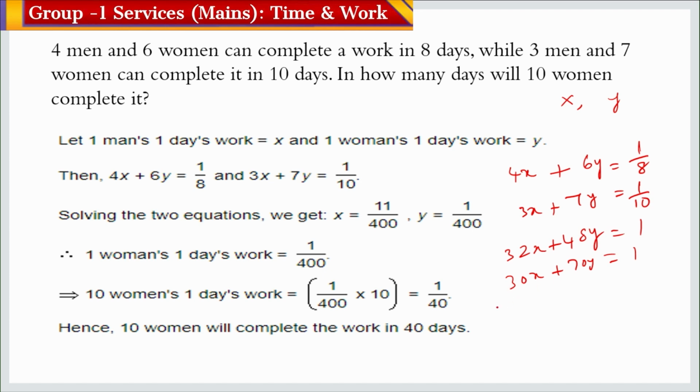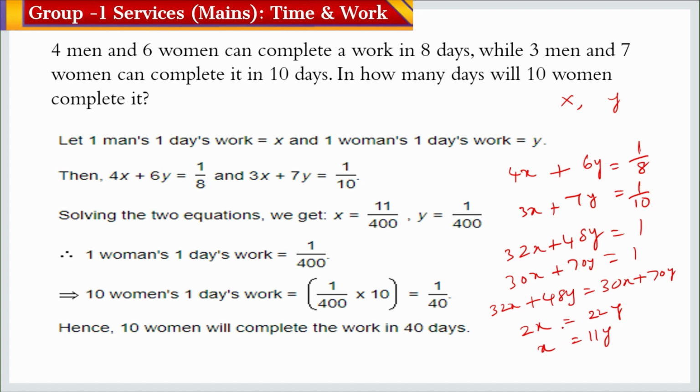Comparing, 32x plus 48y equals 30x plus 70y, or 2x is equal to 22y, and x is equal to 11y.